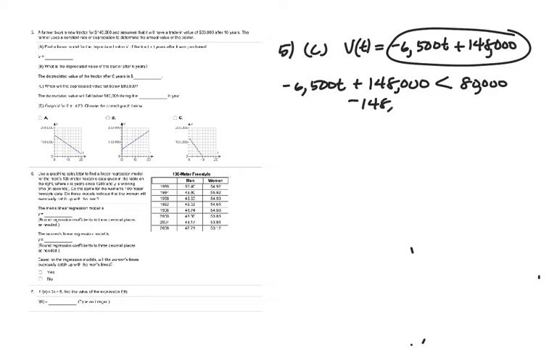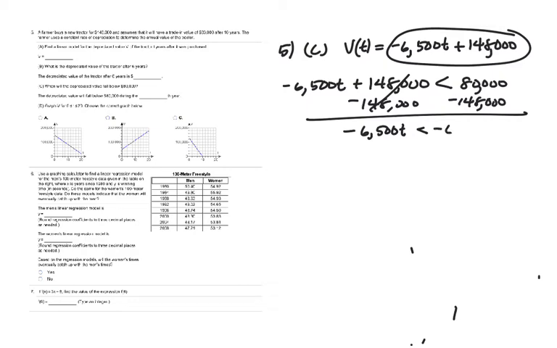Okay, so let's subtract 148,000. Okay. And so we have a negative 6,500 T is less than 80,000 minus 148,000, which will be a negative 68,000.